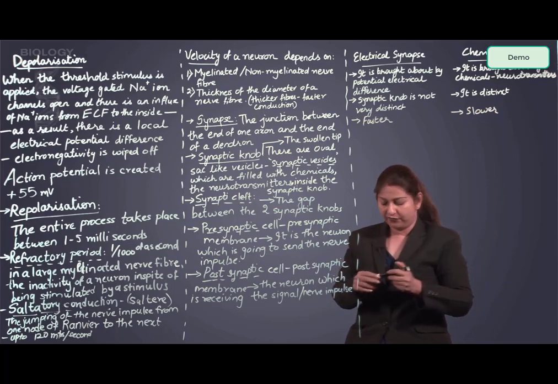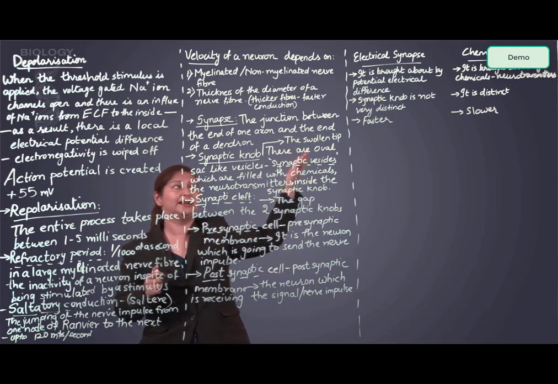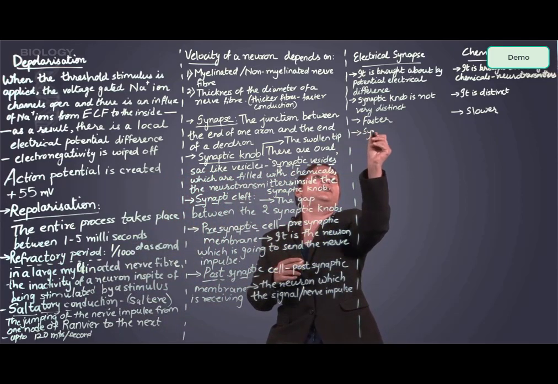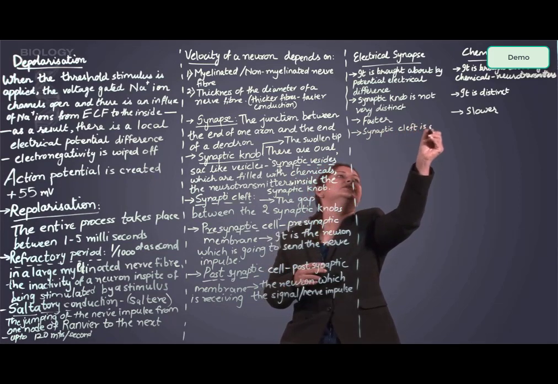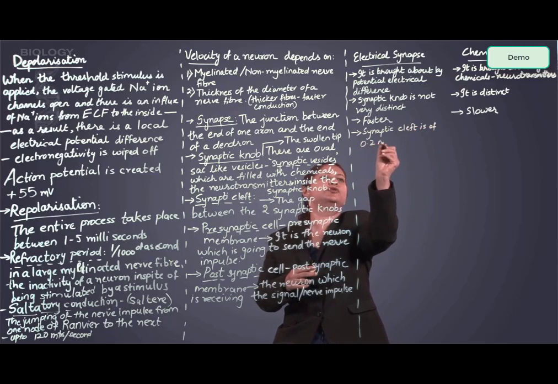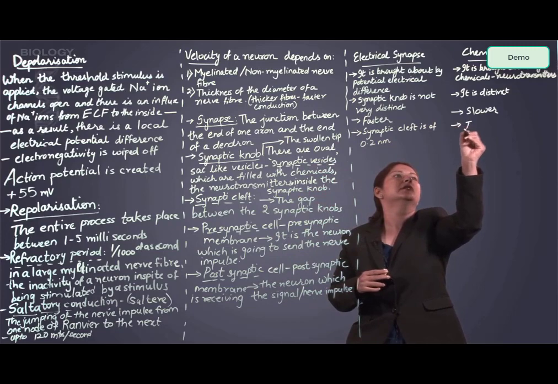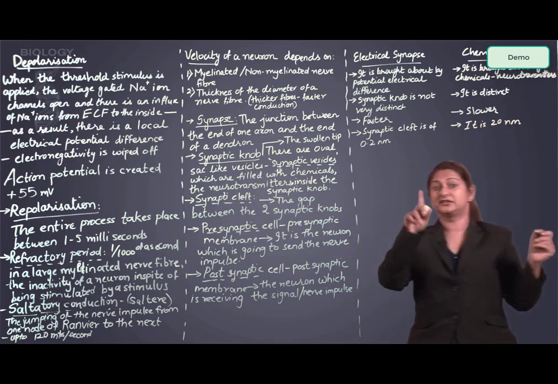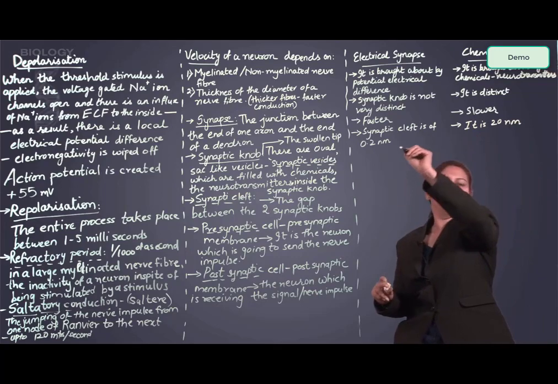If you look at the cleft size of the electrical synapse and chemical synapse, it is way apart. Here the synaptic cleft is 0.2 nm and here it is 20 nm. That is the difference, almost 100 times bigger than the electrical synapse.